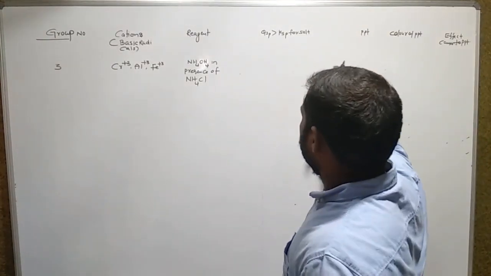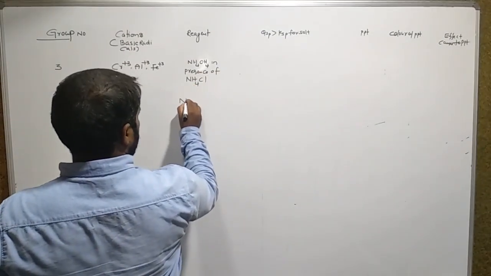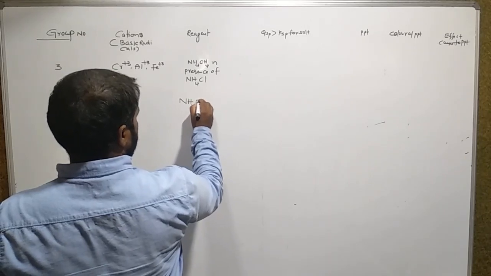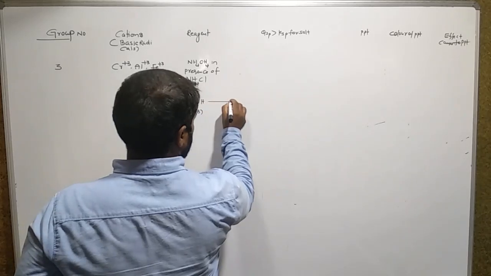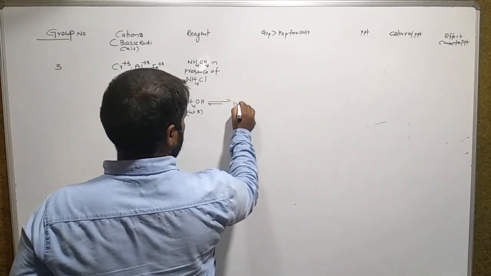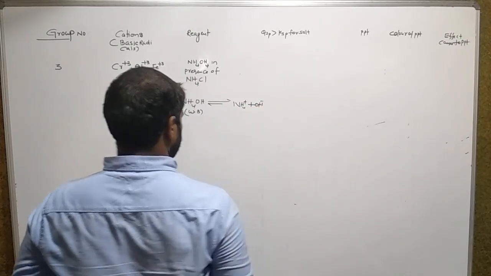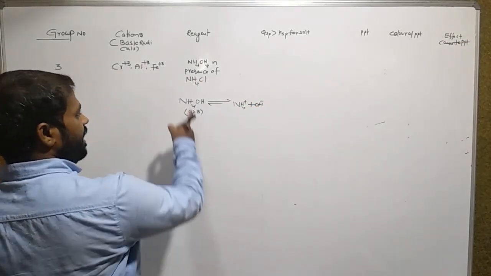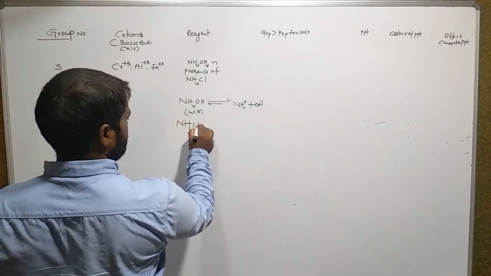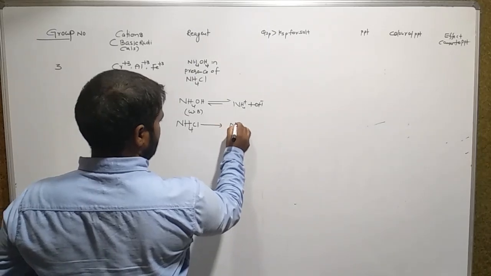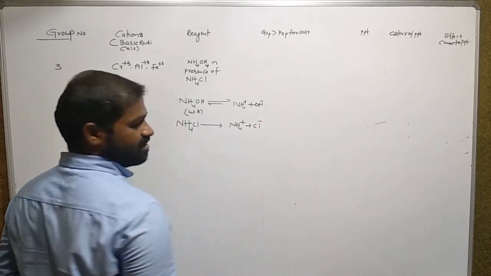Let's see here, this is ammonium hydroxide, which is called a weak base, reversible, giving ammonium ion and OH minus. Clear? Now add ammonium chloride to this solution. It gives NH4 plus and Cl minus.